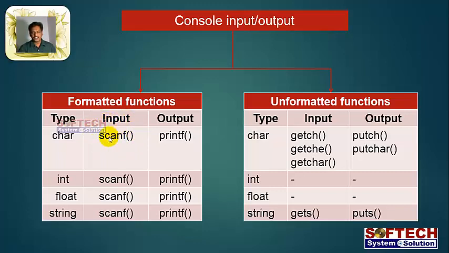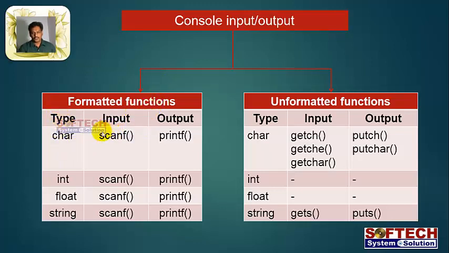That function is available with the include file stdio.h. That is a header file. In the stdio.h header file, we have scanf, printf, and so on. So all standard input output functions are collectively known as stdio.h.